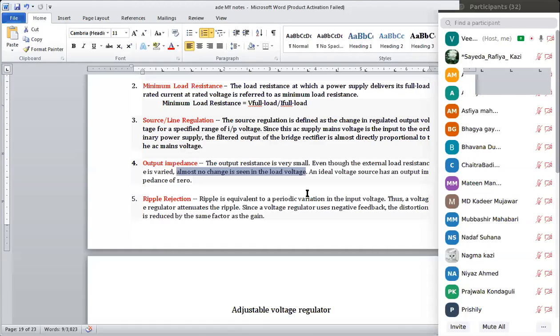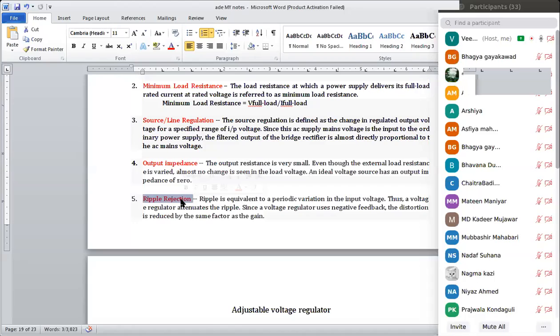So the output impedance should be very small so that we do not get any fluctuations in the output voltage. An ideal voltage source has an output impedance of 0.